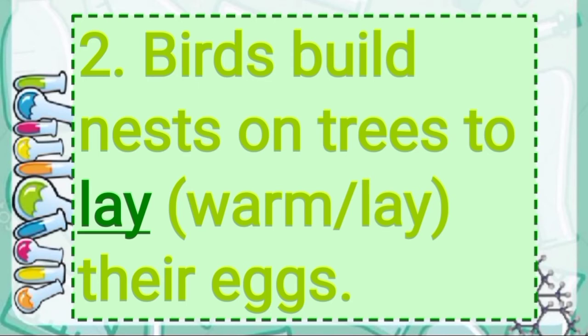Second: lay their eggs. So the answer is birds build nests on trees to lay their eggs. As you know, all birds reproduce by laying eggs, and to protect their eggs they build nests on trees.